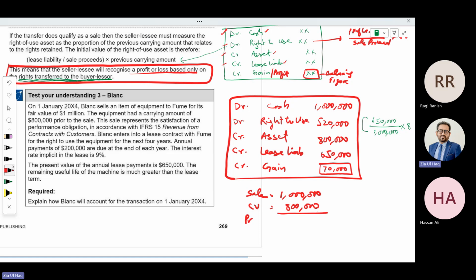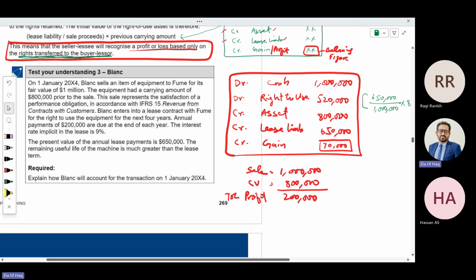So we made a total profit of 200,000. But in the lessee's books, the profit will be recorded as 70,000. What's the remaining? 130,000 that we didn't record in our books.